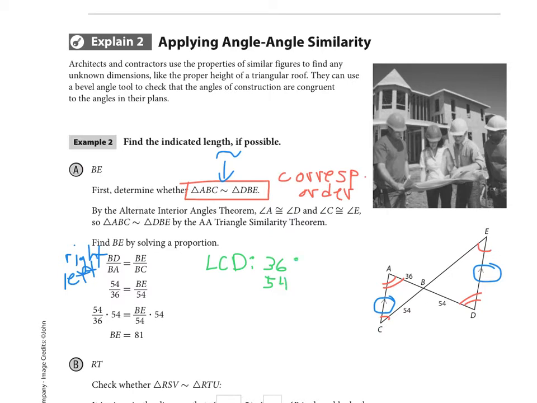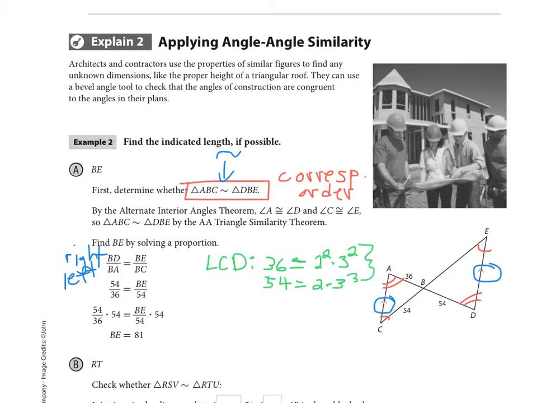So if we do prime factorization for 36, that is 4 times 9, as you know, but 4 is 2 squared to break it down into its smallest primes, times 3 squared is my 9, okay? 54 is 6 times 9. 6, though, is 2 times 3, and 9 is, as you know, 3 squared. So that's actually 2 times 3 cubed.